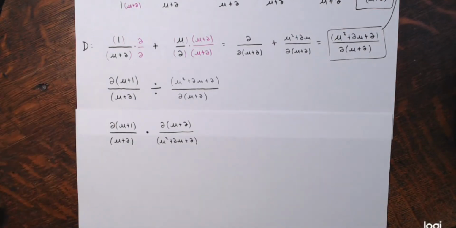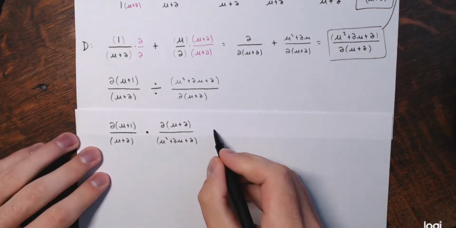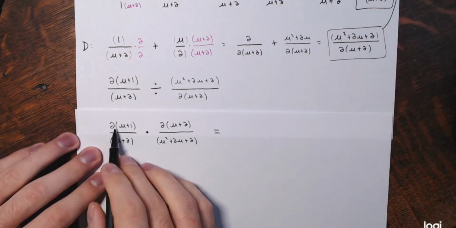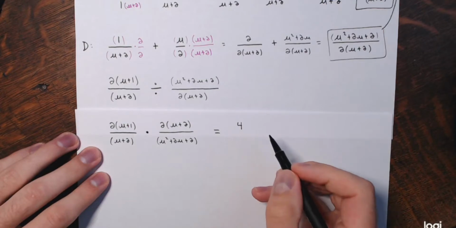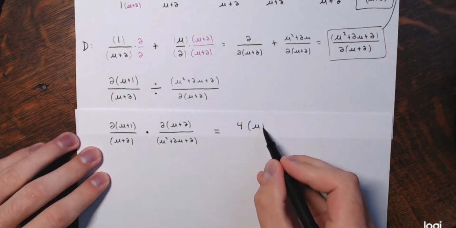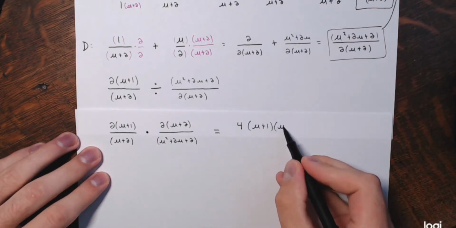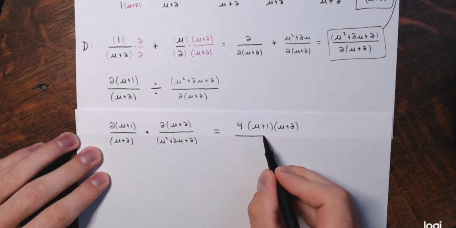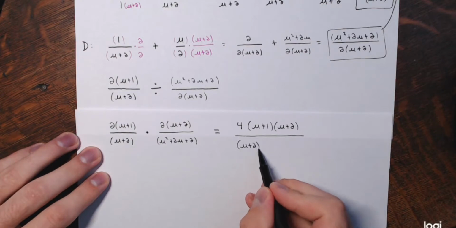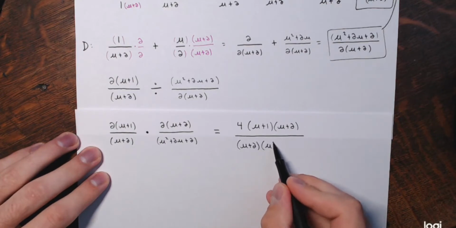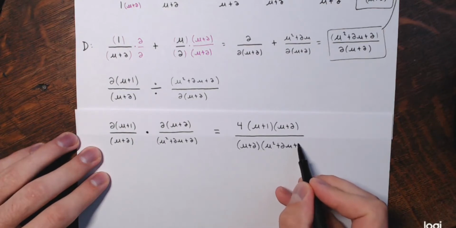And then multiply. In the numerator, you have a factor of 2, another factor of 2, that'll make 4. 2 times 2 times u plus 1 times u plus 2. And then the denominator just has these two factors, u plus 2 times u squared plus 2u plus 2.